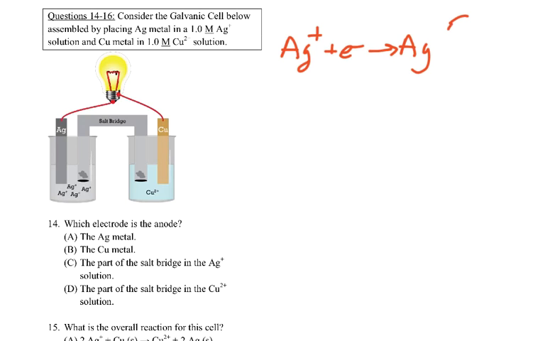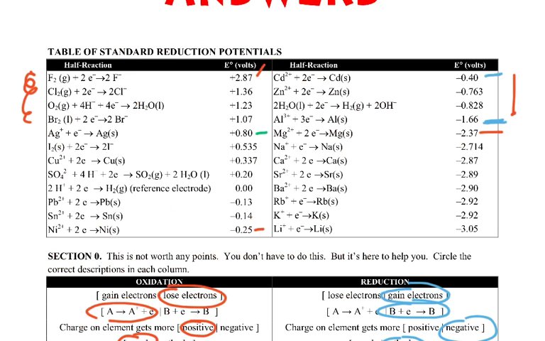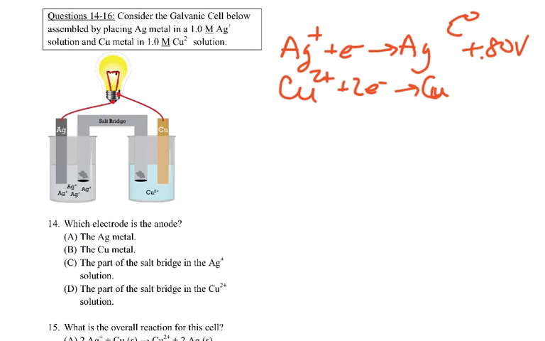And we just saw that on the chart a minute ago. It's positive 0.80 volts. I still remember that. The copper on the chart is going to be copper 2 plus plus 2 electrons becomes copper metal. I have to go back and look at that one. Here's copper. Positive 0.337 volts.